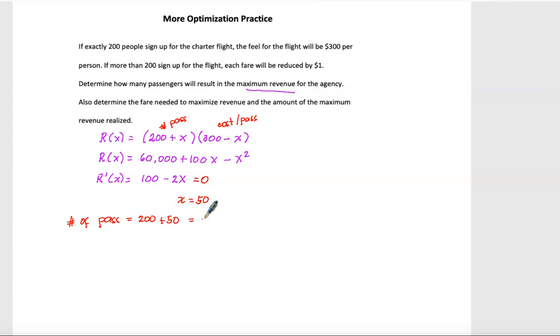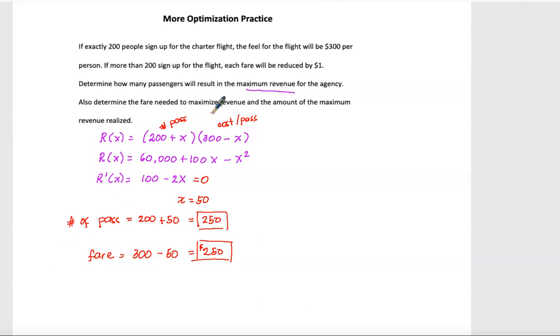So the number of passengers would be 250. Second, find the fare needed to maximize the revenue. Now the fare is the cost per passenger. So the fare would be equal to 300 minus 50, which is 250. So $250 per passenger.